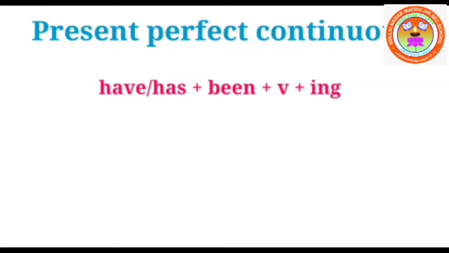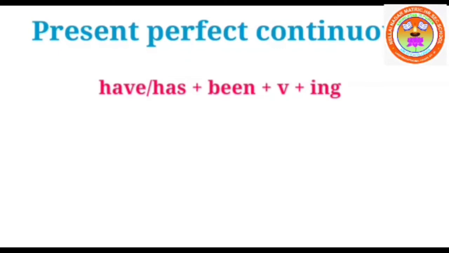The usage of present perfect continuous is to indicate an action which started at some point in the past and may or may not be complete. The structure is, for continuous, we all know that we have seen in the continuous tenses, we have to use the ing verb form.